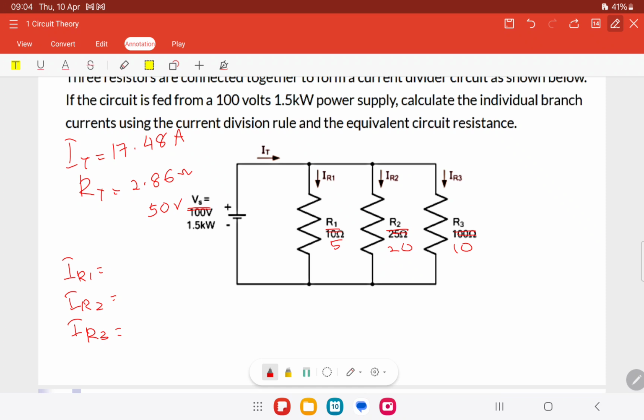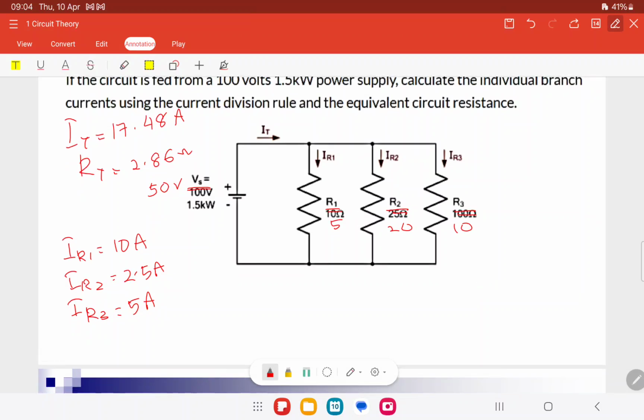IR1 is 10. Okay. IR2 is 2.5 ampere. And 5 ampere. Add them all, do you get 17.48?